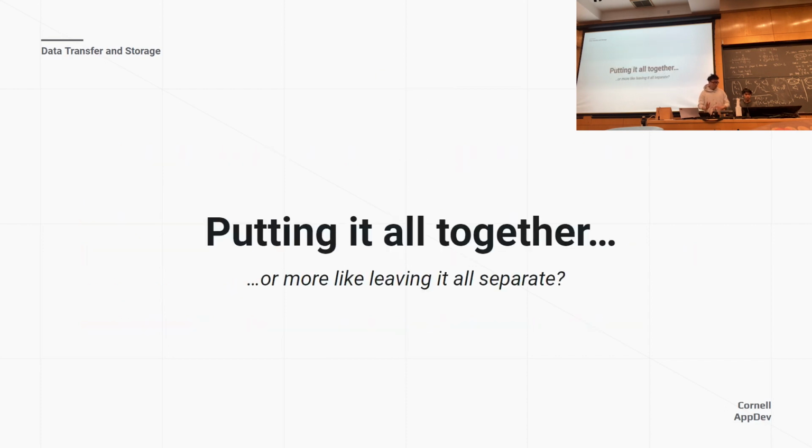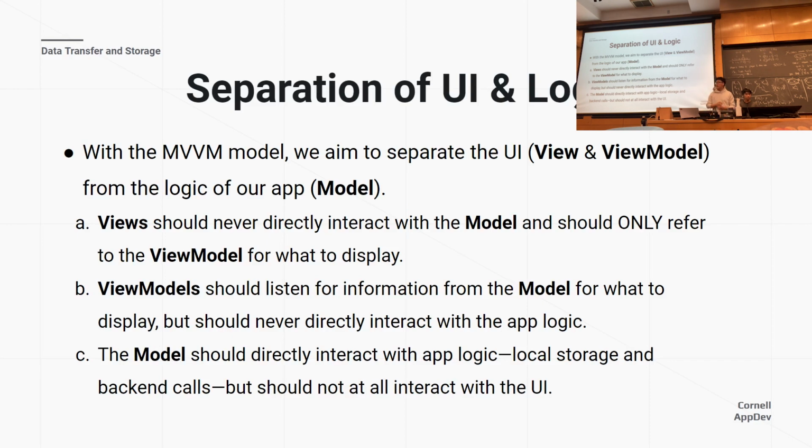So, putting it all together, what this ultimately does, this is generally a very, very simple idea. It is a separation of the UI and the logic, right? We aim to separate the UI, which is both the view and the view model, from the logic of our app, the model. Just some key points that I would like to point out: the view should never directly interact with the model, and it should only refer to the view model for what is to be displayed.